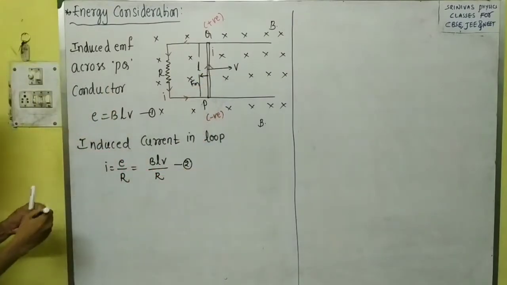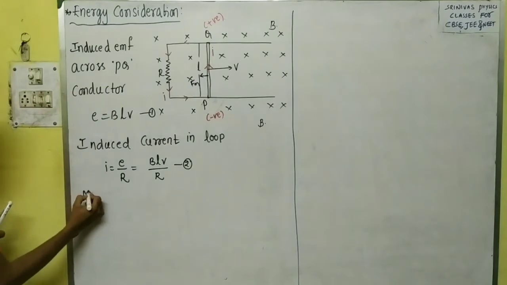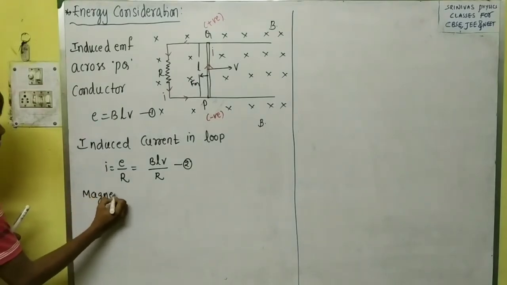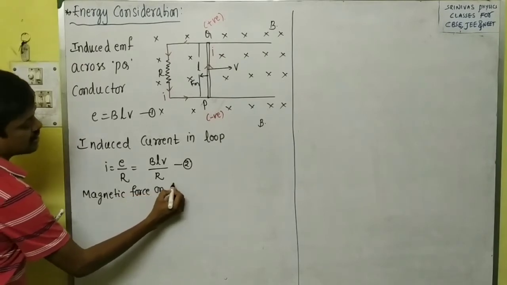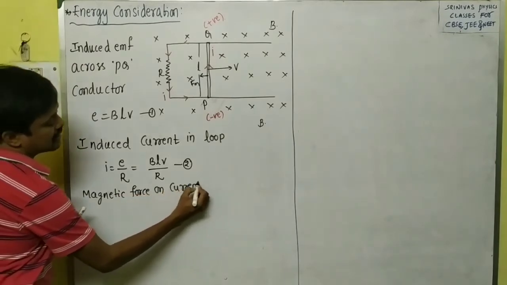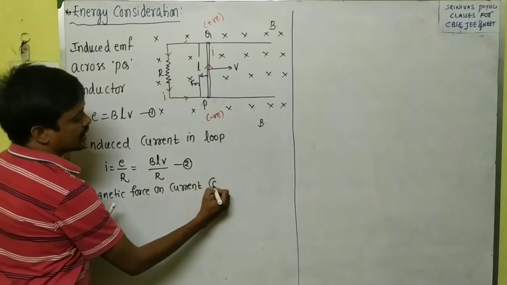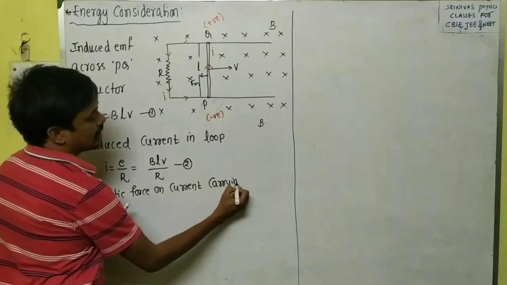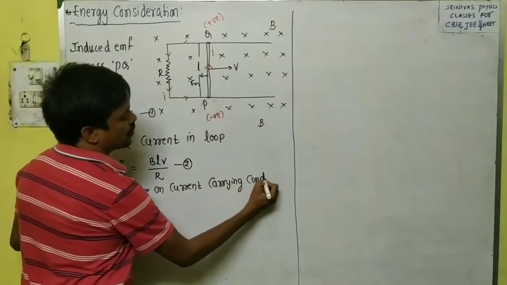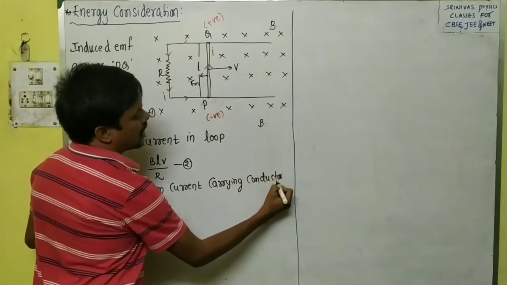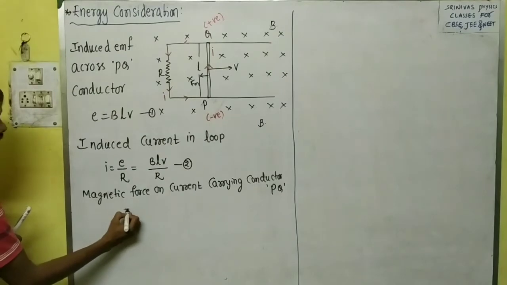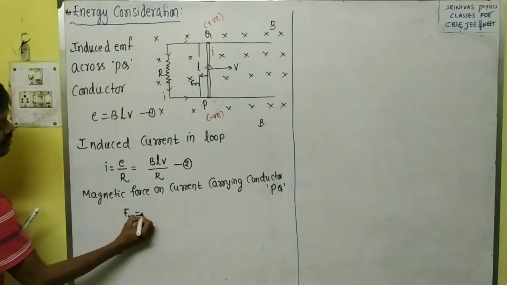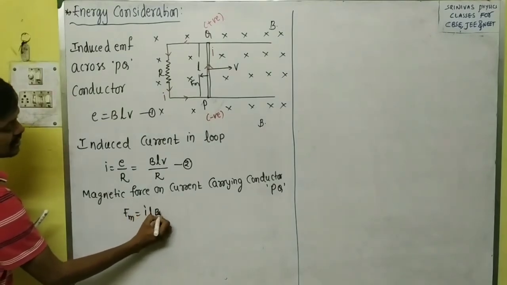Now the magnetic force on the current carrying conductor PQ. How much force acts on the PQ conductor? That magnetic force, we know, is ILB sin theta.